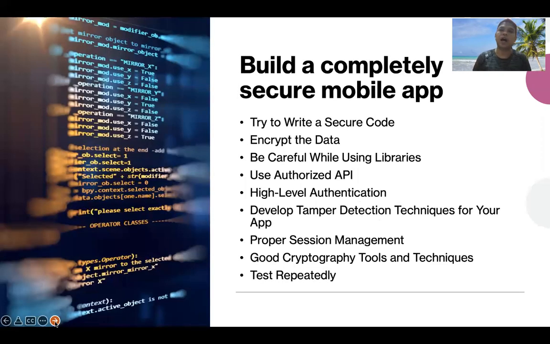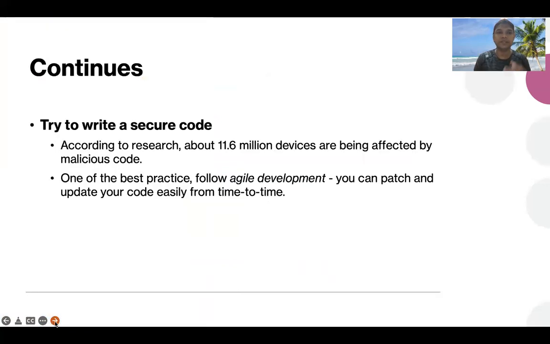The next one is how to build a completely secure mobile application. We have a few elements that must be considered during mobile application development. The first one is to try to write secure code.